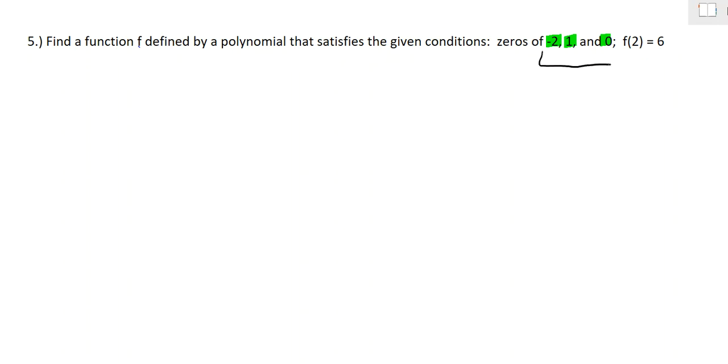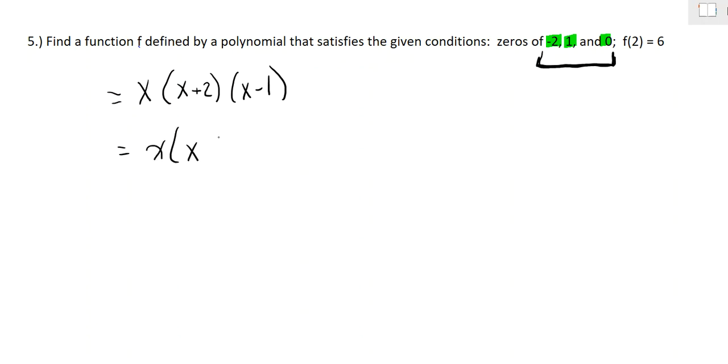So hopefully our first instinct, knowing that these are the zeros, would be to do x plus 2, x minus 1, and then x plus 0, which would just simply be x. Now, if you think about what this polynomial is, it would be x squared plus x minus 2, so x cubed plus x squared minus 2x.